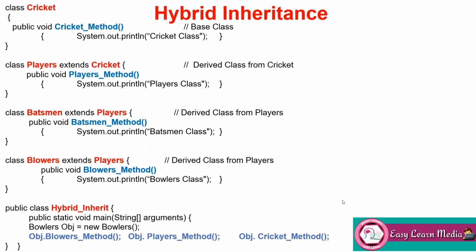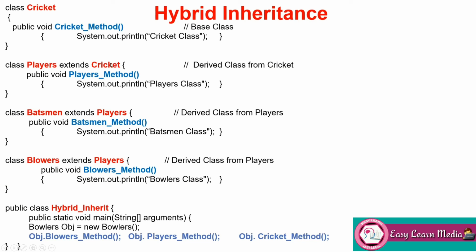So here we have a class called Cricket. This has a method called cricket underscore method, and this Cricket class will have players. This Player class can be categorized into batsmen and bowlers. Batsmen and bowlers can inherit from the Player class, and this Player can inherit from the parent class Cricket.